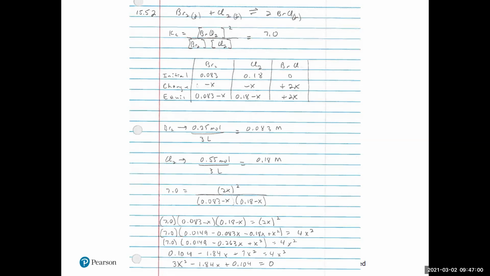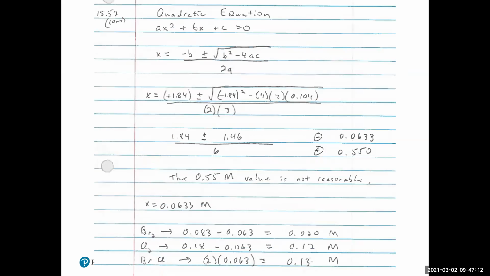And then start working through the math. Make sure you're comfortable with these kinds of algebraic calculations. And then once you get through all that, remember the quadratic equation setup and what that formula is, and plug the stuff in. Do the calculations, maybe double check it.